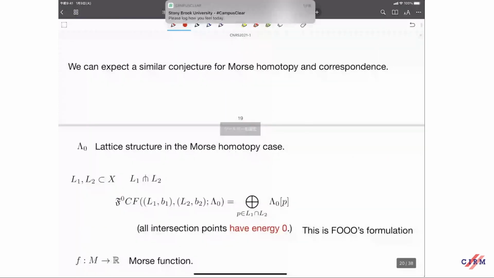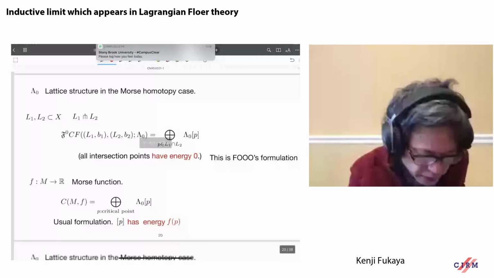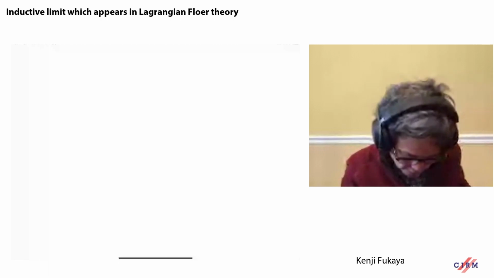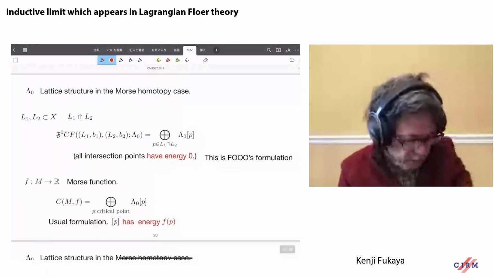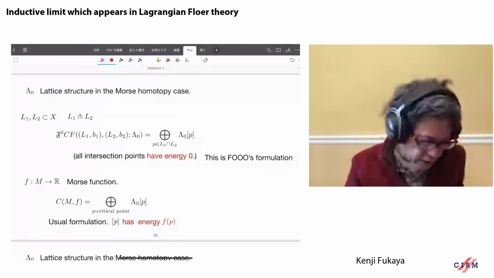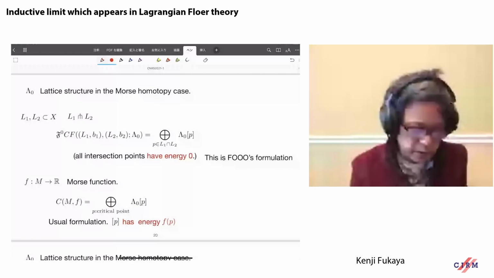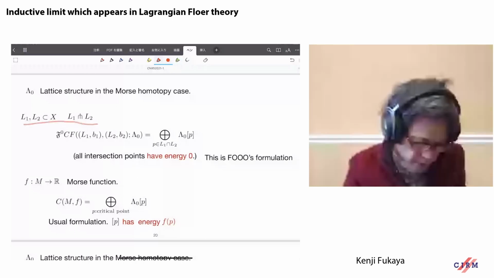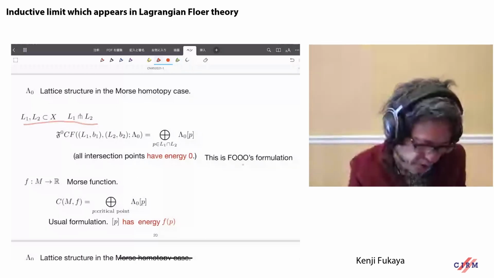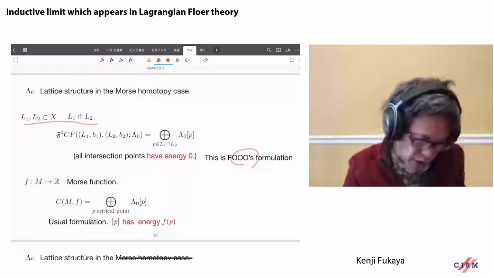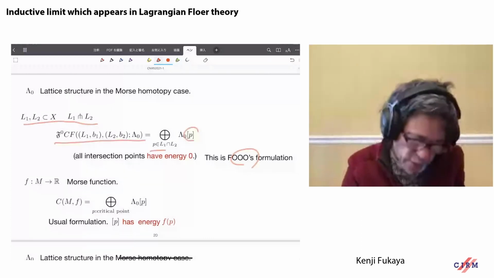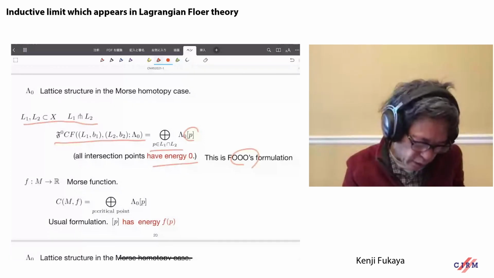So let me consider the case of Morse homotopy. Suppose we have these two Lagrangian submanifolds which are transversal. Then we define this filtration of Floer homology, so that this geometric generator has energy 0. This is a kind of convention, but that's our convention.